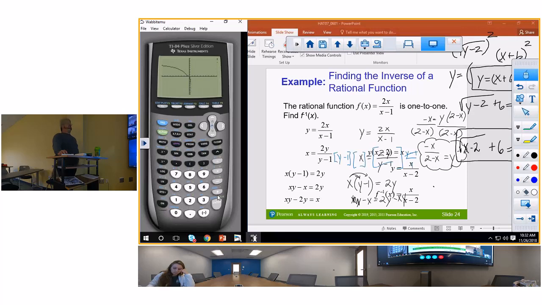There's one, and then the other one is going to go up. There it is. So let's change it. Let's go back, and I'm going to change the second one to a dashed line.